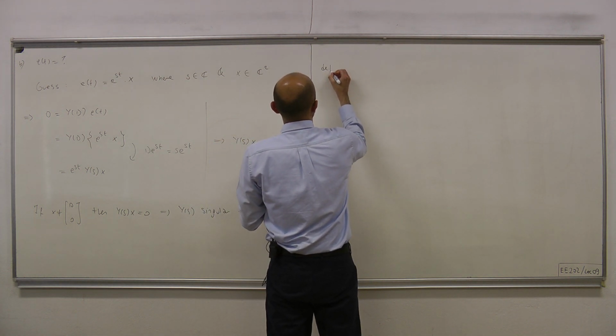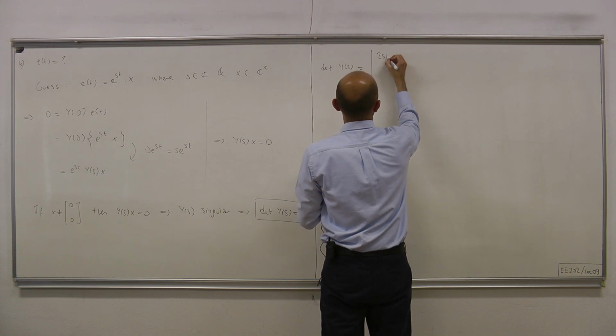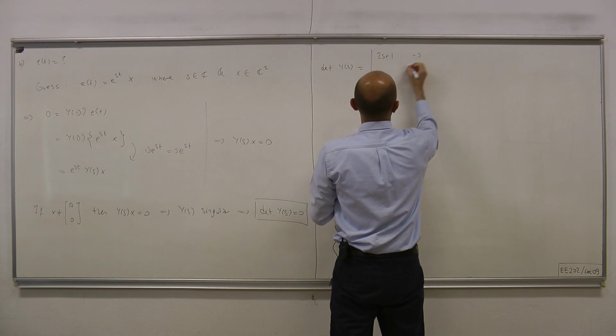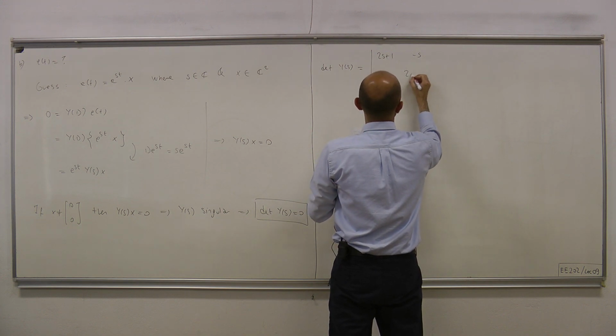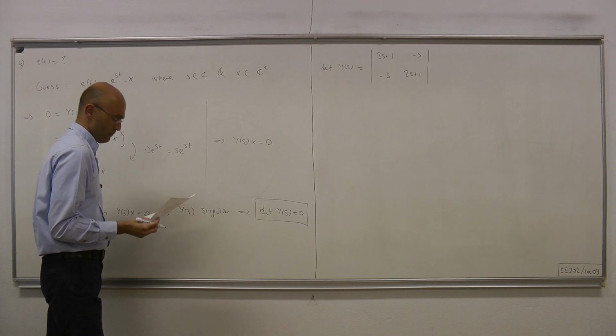Determinant of y of s equals the following determinant: 2s plus 1, minus s, minus s, 2s plus 1.